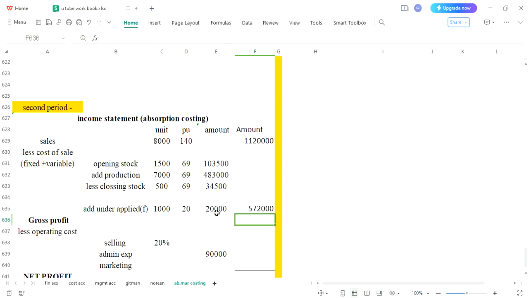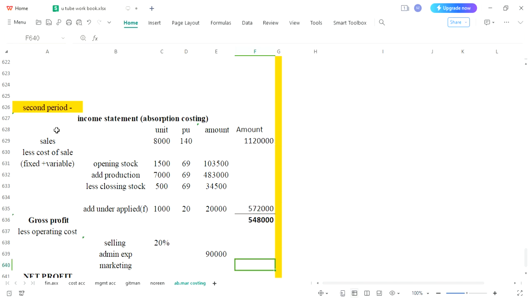In this way total cost has been calculated. It's time to calculate our gross profit, which is the difference between cost of sales and sales. Amount of sale was 112 and you will subtract cost of sale, which is 572. In this way we have got our gross profit.